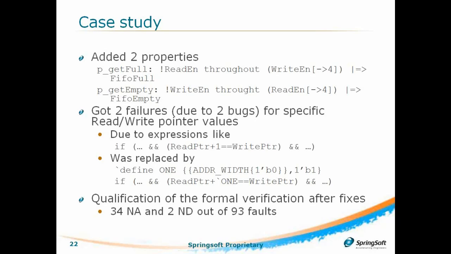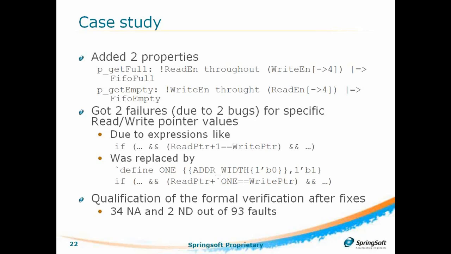Either right at the moment if the FIFO was empty, or even before, but at least after 4 cycles it must have been set. Same for the FIFO empty, and well, I would say almost of course, as soon as I plugged those two properties into the property checking tool, I got 2 failures.